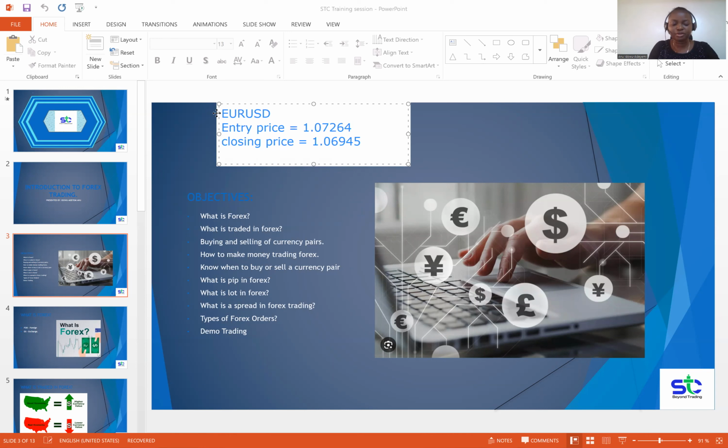Question 1: what is the direction of price movement? Question 2: how many pips has price moved?